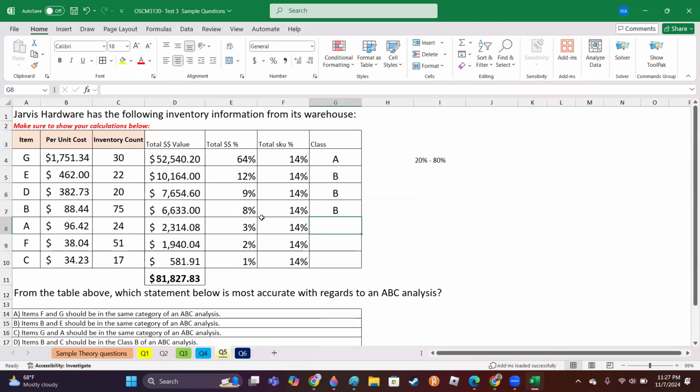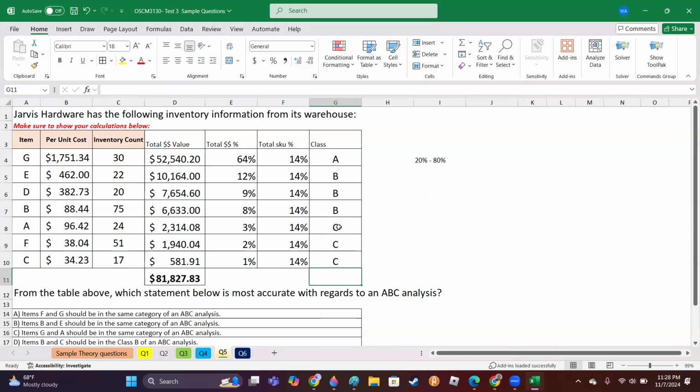Okay. And then the last ones here, if I add them up, add up to approximately 6% of value. But in terms of SKU count, that's approximately 43% of SKUs. And so I'm going to put this as my C inventory. And that would complete the table that needs to be completed here.